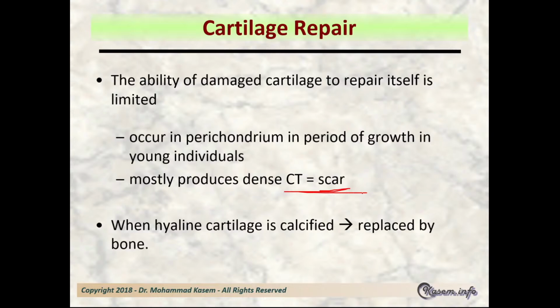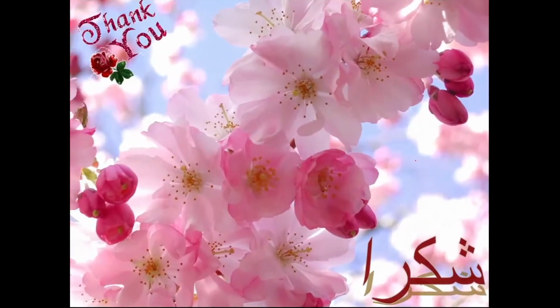Sometimes the hyaline cartilage gets calcified or replaced by bone when it grows in the ends, in the epiphyseal cartilage, during the growth periods. And that, I think, finishes our talk today about cartilage.